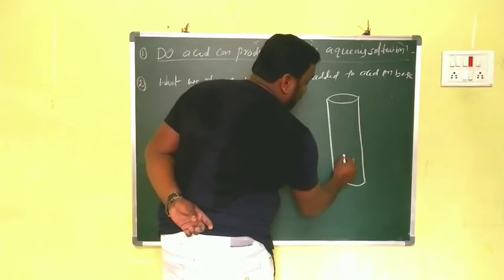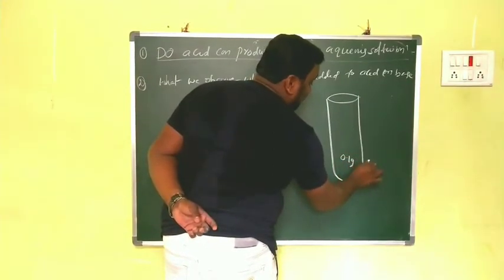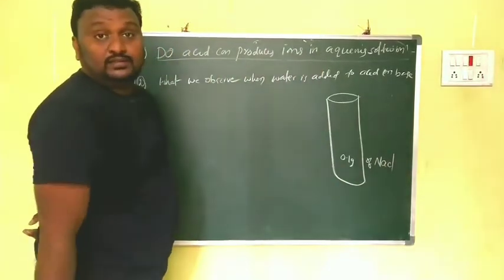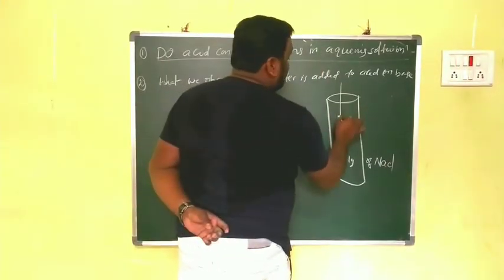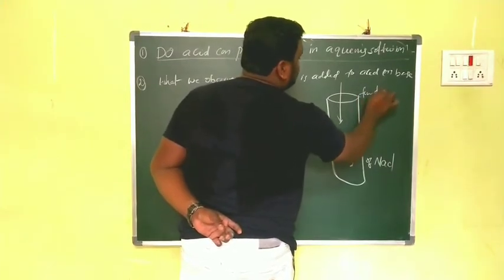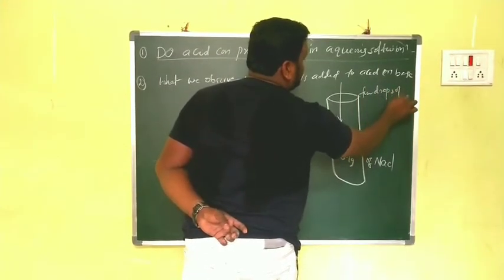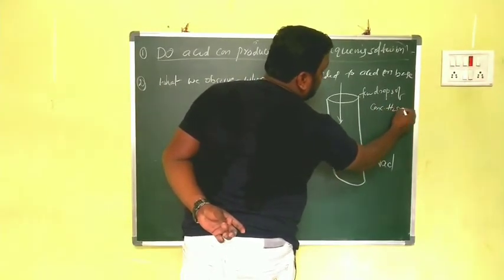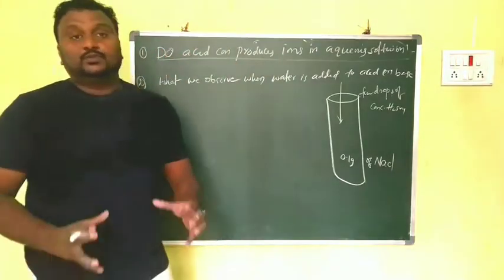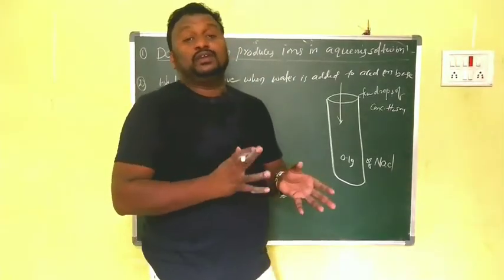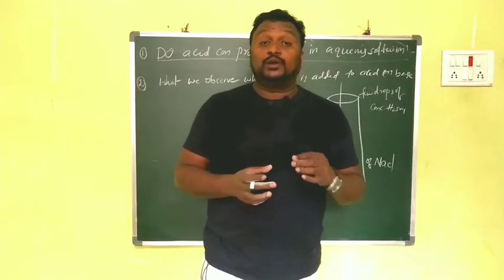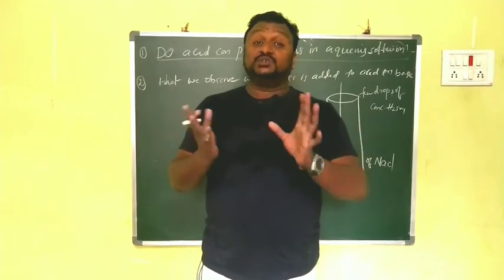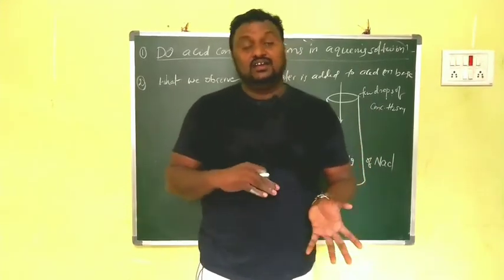In the test tube, we take 0.1 gram of sodium chloride, NaCl. To that we add a few drops of concentrated H2SO4, sulfuric acid.